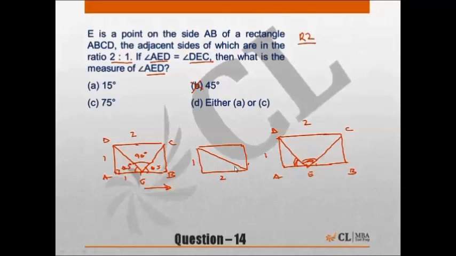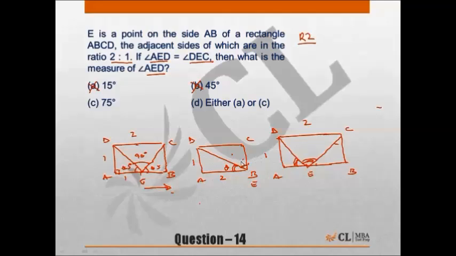So this is 1, this is 2, and B is here, A is here, C, D. In the extreme case, B and E will coincide, and the angle that we want to compare, AED, will be this angle, which is theta, with angle DEC, which will be this angle. Obviously you can see these two angles will not be equal, but let's just verify that also.